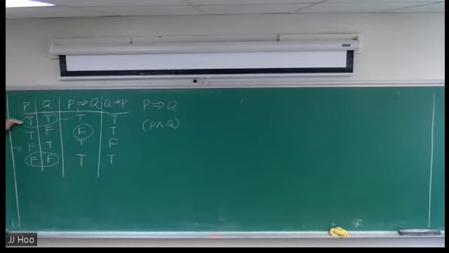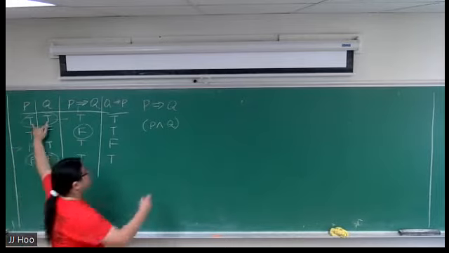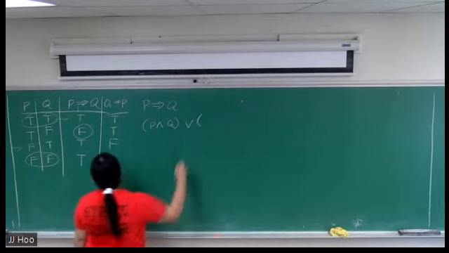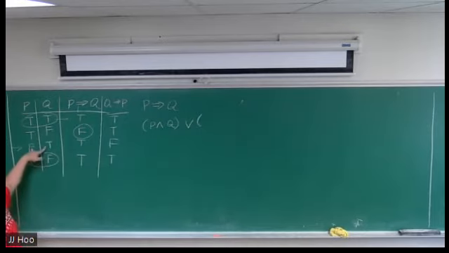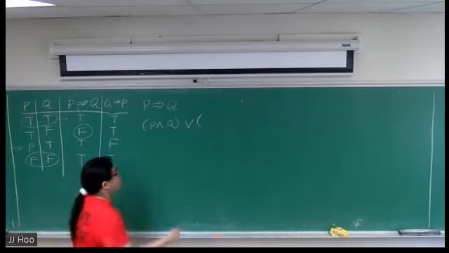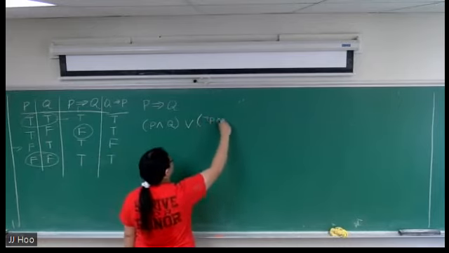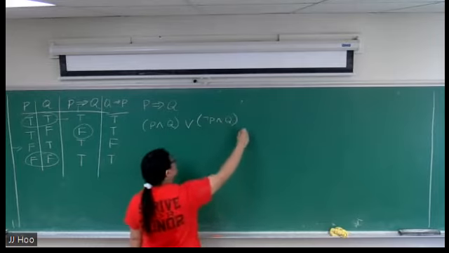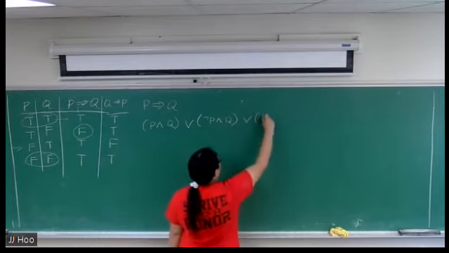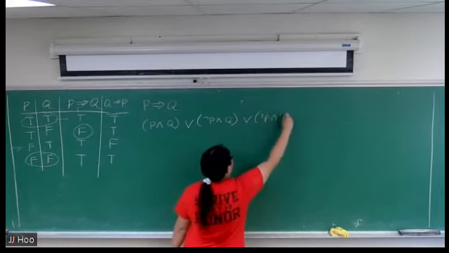So either this is true, or this is true, or this is true. They can't all be true at the same time, but it is one of those, right? So either P is true and Q is true, or P is false and Q is true. But what does it mean for P to be false? It means not P is true, or not P and not Q.